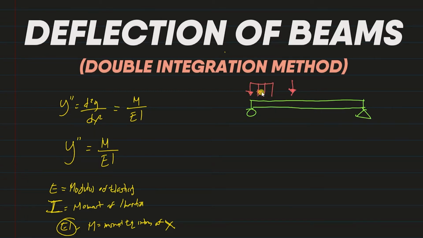Sabihin natin na yung point load natin is 5 units. And then, ito will be 2 units, yung magnitude niya. Lagyan nga natin ng kilonewton yan. 2 kilonewton per meter. And let's say, this total distance is, ano yung favorite number ko?